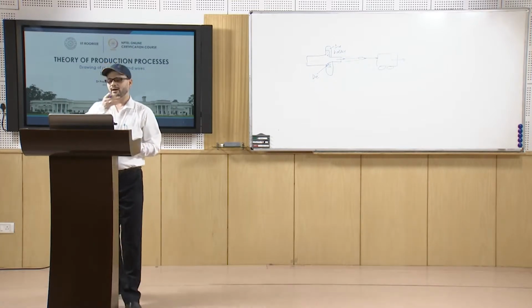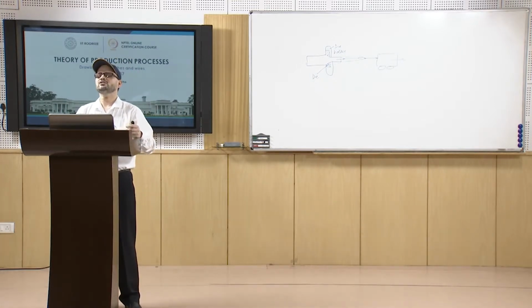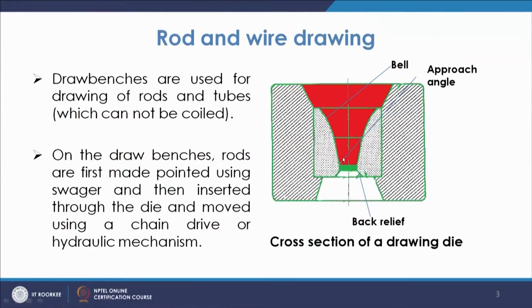Now, this is the approach angle portion. Basically it is the section of the die where the actual reduction in diameter takes place. So, that is the approach angle portion. Here, once the stock reaches it, the actual reduction of the stock takes place.